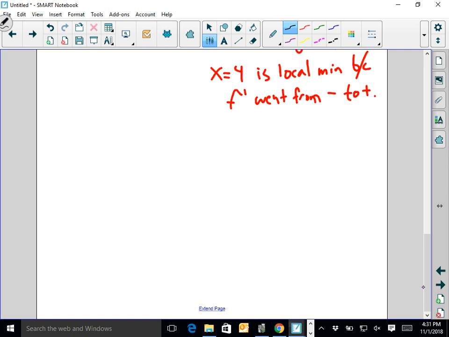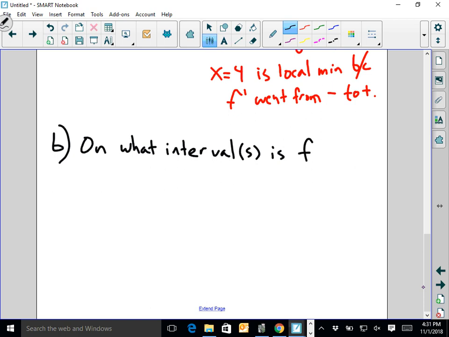B is going to say, on what intervals is f decreasing and concave up. And again, we want to justify.